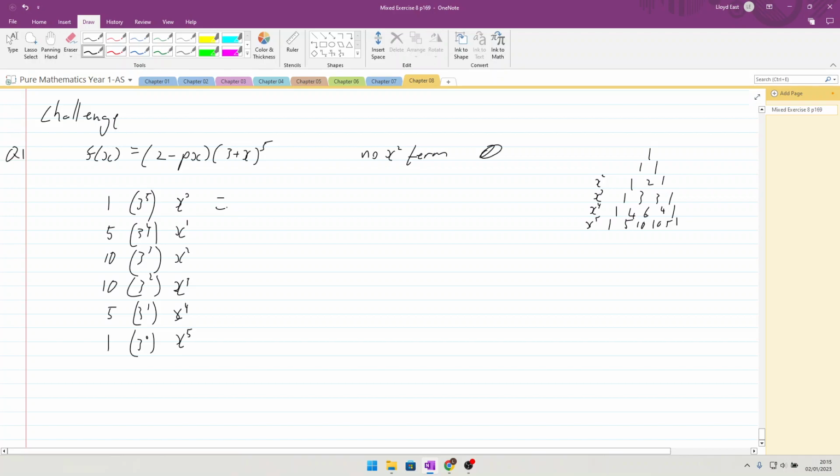Okay, so what do they all come out as? All right, 3 to the power 5 is 243. Okay, 3 to the power 4 is 81 times by 5 is 405.